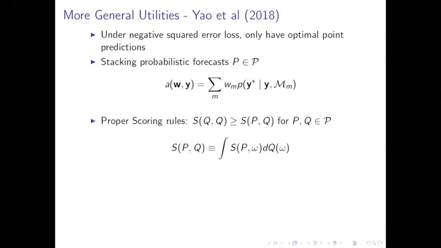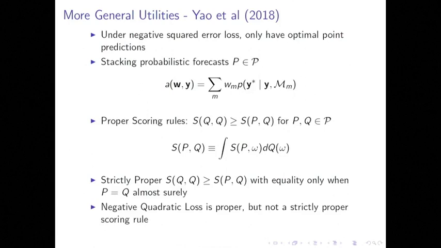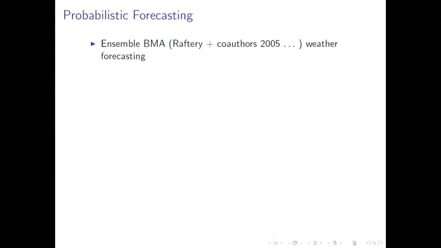For other types of utilities, we might want to use proper scoring rules so that we can get unique estimates. The negative quadratic loss is proper, but not a strictly proper scoring rule, and so we may not end up with unique weights. If we actually look at, say, the logarithmic score, then we can end up having unique weights that come out from this problem. All right, and so there's been also work in terms of probabilistic forecasting.